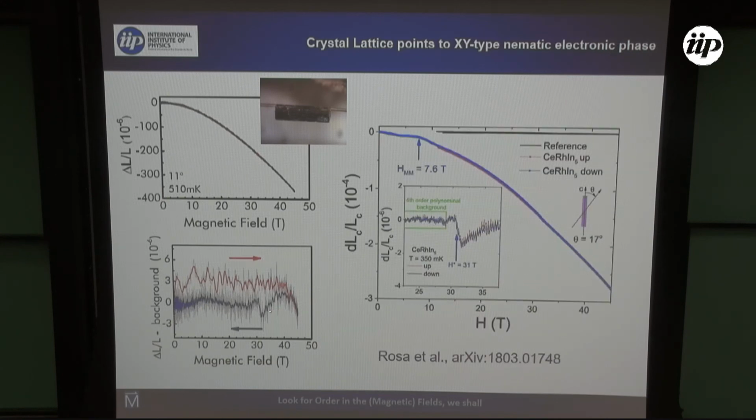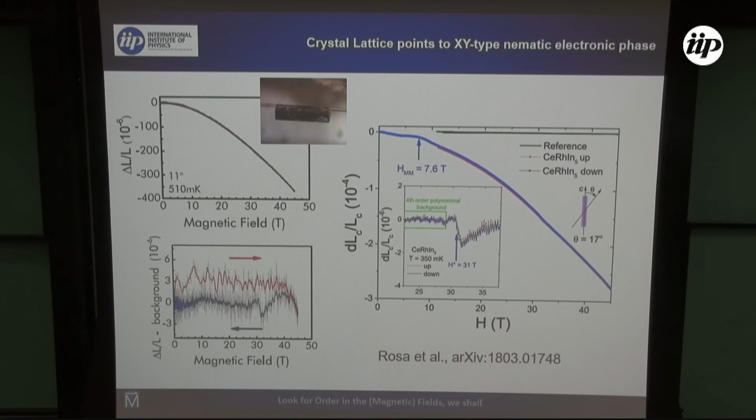Once we observed this, of course, many people ask, well, what if this is just an anomalous, weird noise? Can you repeat this in a DC magnet? We went to Tallahassee and repeated exactly the same experiment now in a DC magnet. And in the DC magnet, we see the anomaly both ways, sweeping the magnetic field up and sweeping the magnetic field down. Additionally, we see some noise here, but this is not really noise.